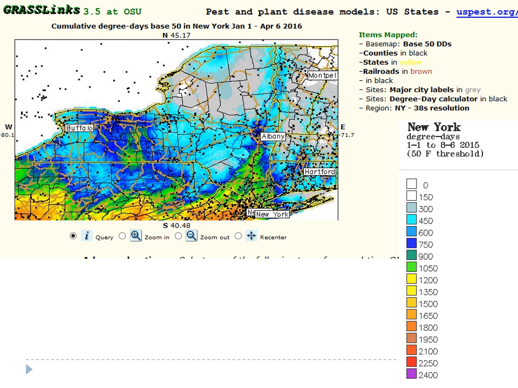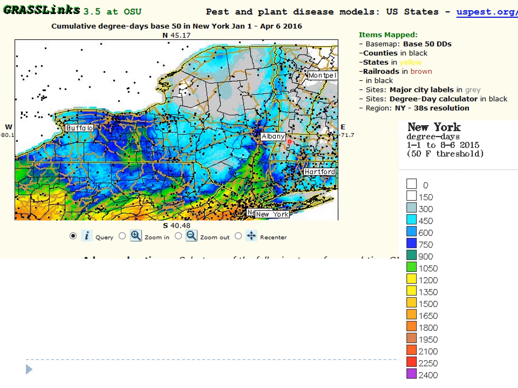But so here's the growing degree days for New York. So here we are in the middle of the state, and growing degree days, we usually don't start counting them until April 1st in New York because we don't have a lot of warm days before then typically.